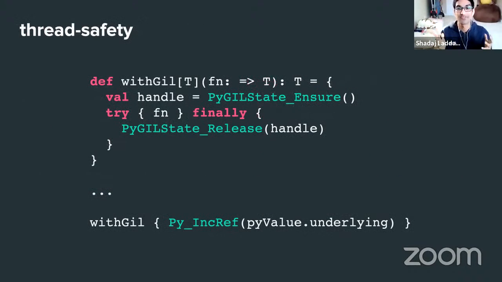Also, we have to handle the fact that Python executes in a single thread, whereas Scala is fundamentally a multi-threaded concurrent language. So one thing that we do is make sure that even if you're accessing Python values from multiple threads in Scala, all your references will be safe. We do this by acquiring the global interpreter lock in Python.